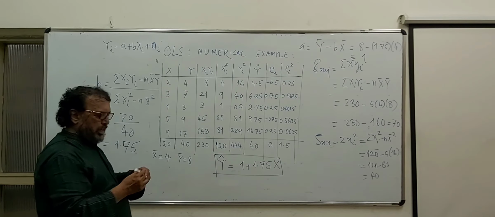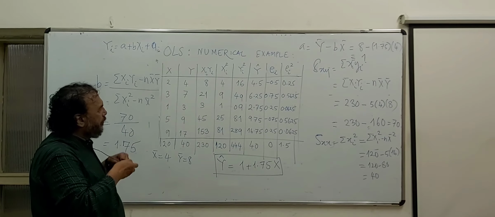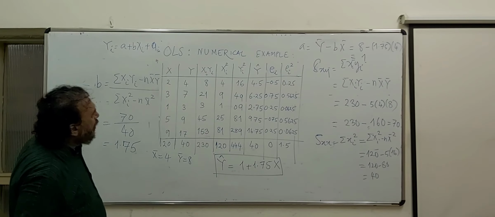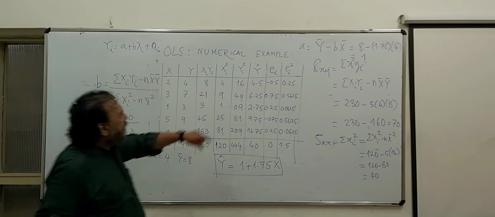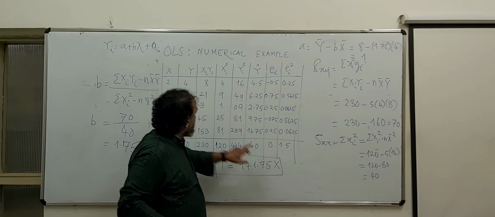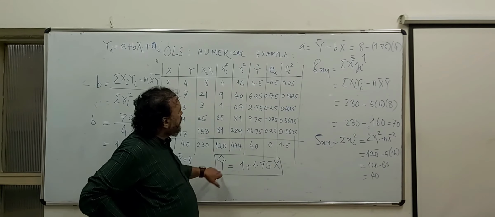What does it mean? It means now we can generate something what we have defined as the estimated value of y, which means we plug in these values of x and then we will get an estimate of y. What will be these values?